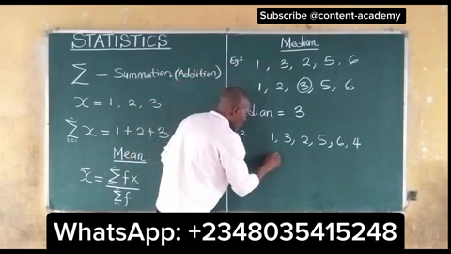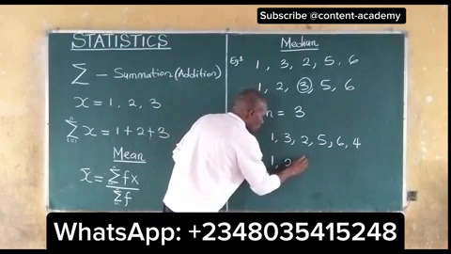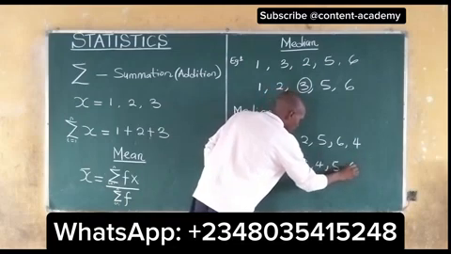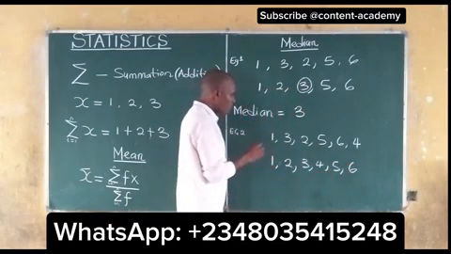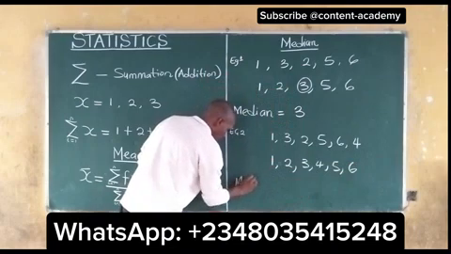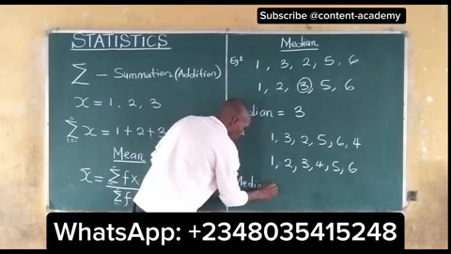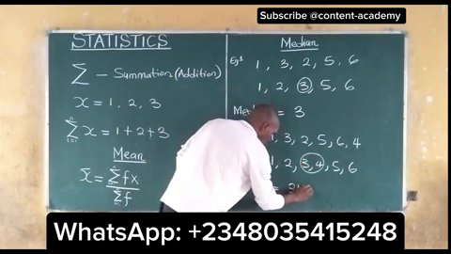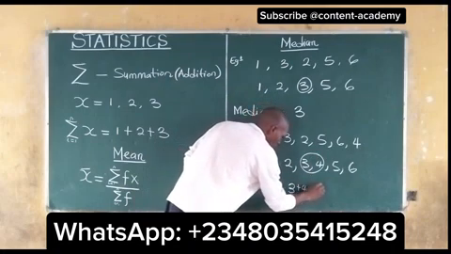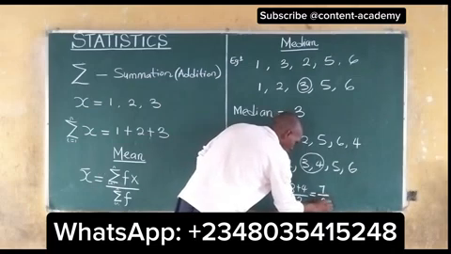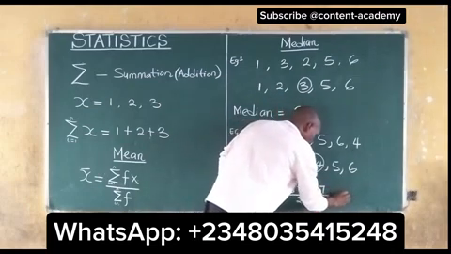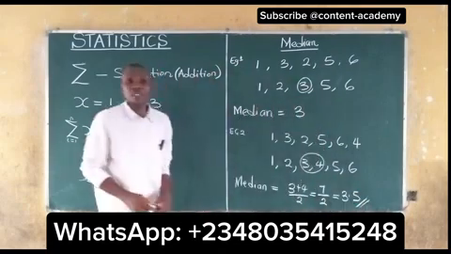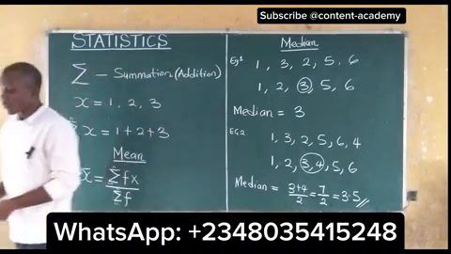That means we have 1, 2, 3, 4, 5, 6. So the median for this data will be equal to the middle two numbers. That means 3 plus 4 divided by 2, which is 7 divided by 2, which is 3.5. So that is how the median is calculated for an ungrouped data.